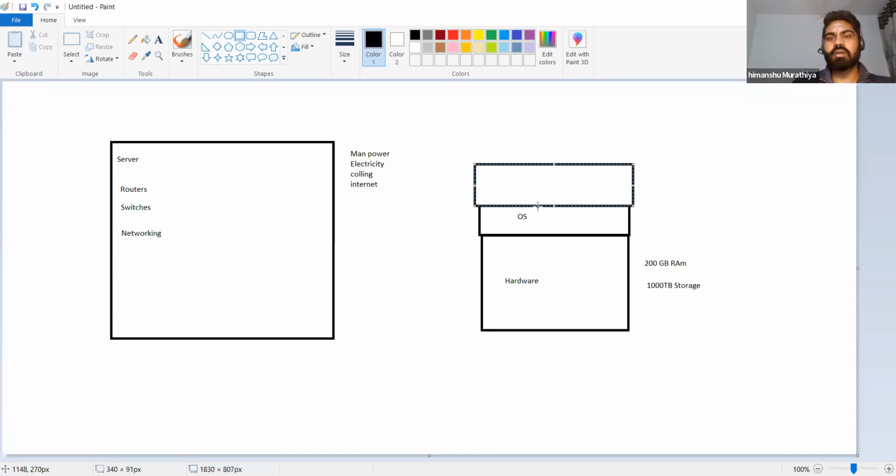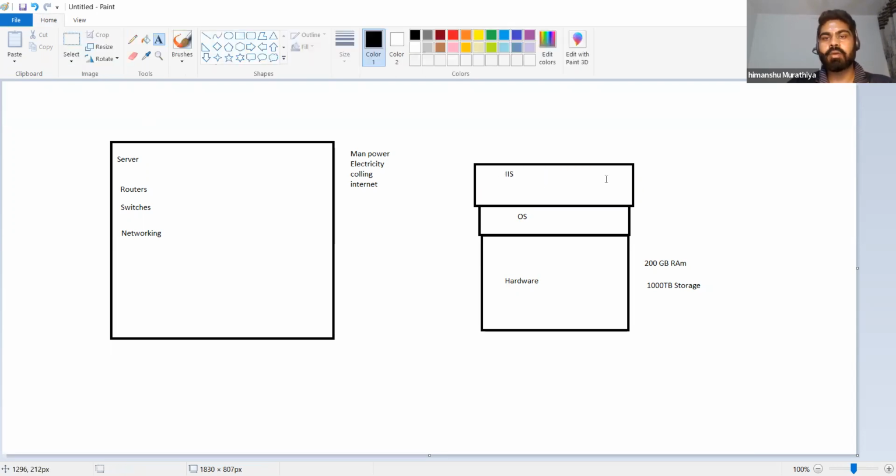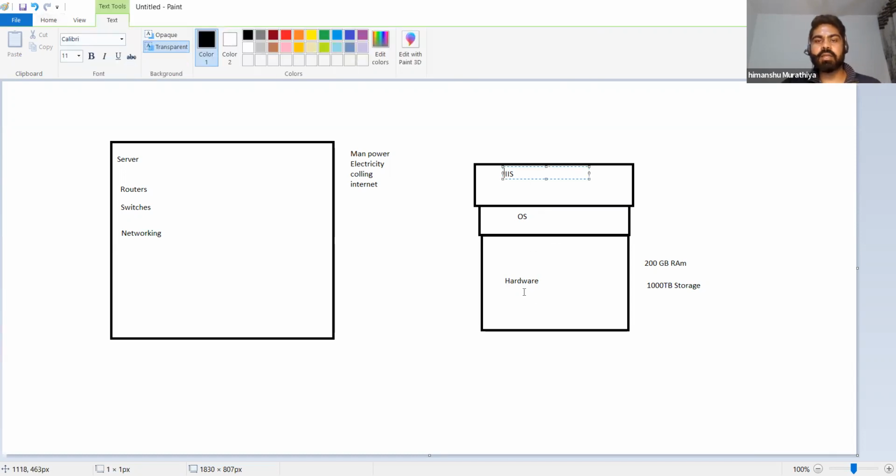To host a website, we need the IIS service, so I will install the IIS service here to deploy my website, right? So I was managing the whole infrastructure, and then we need to install the operating system, then the IIS service, and then here we can deploy our website.